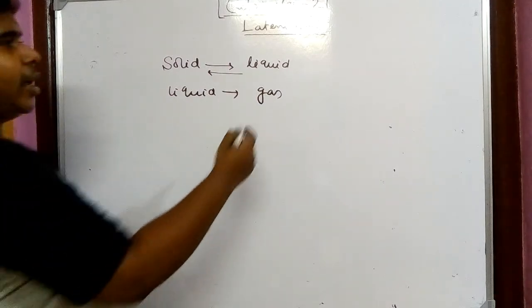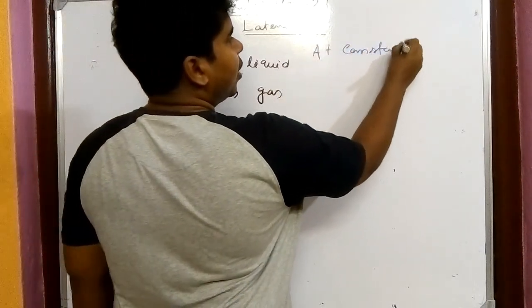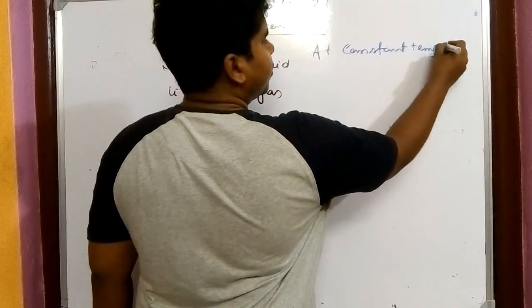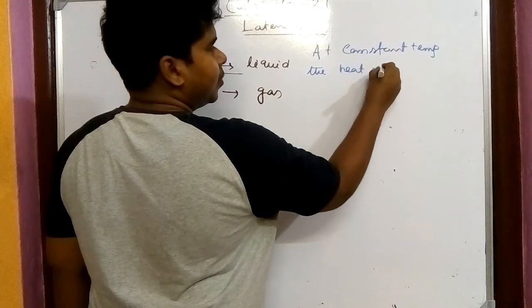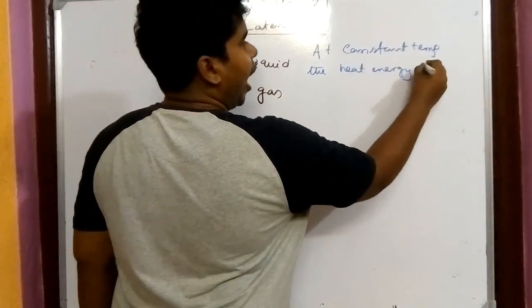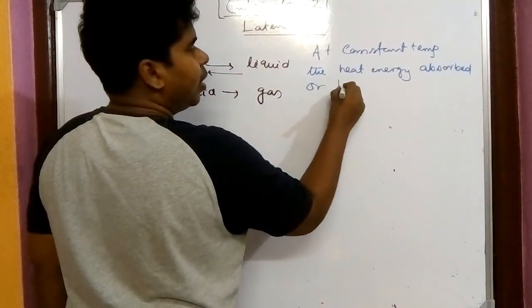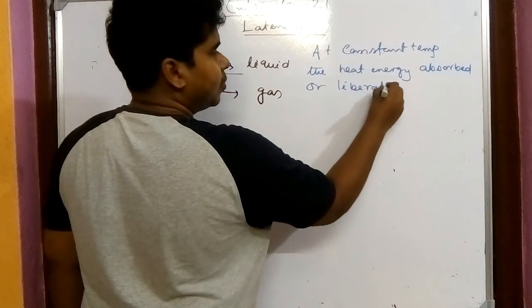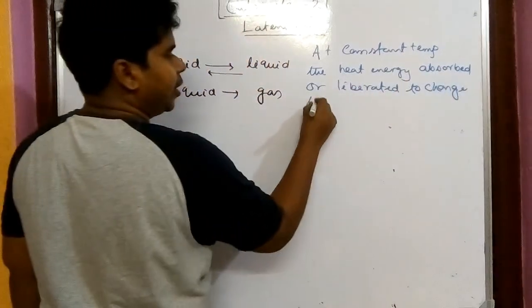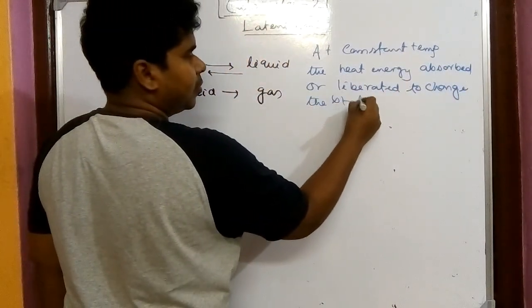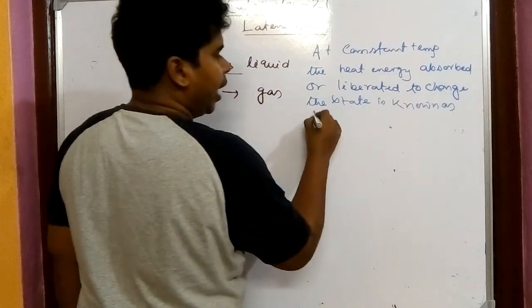So we can say, at constant temperature, the heat energy absorbed or liberated to change the state is known as latent heat.